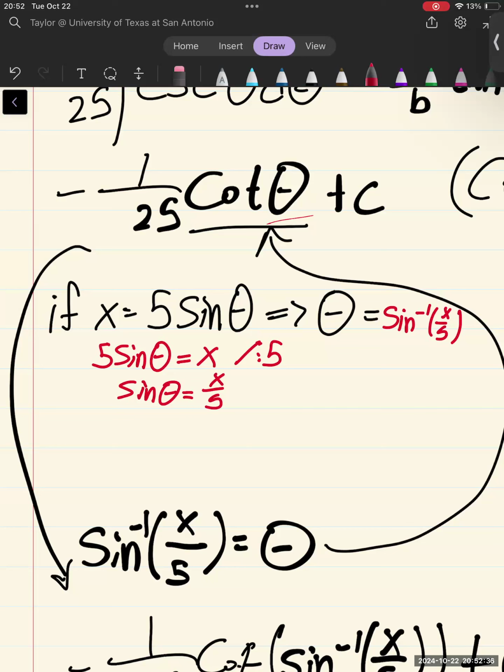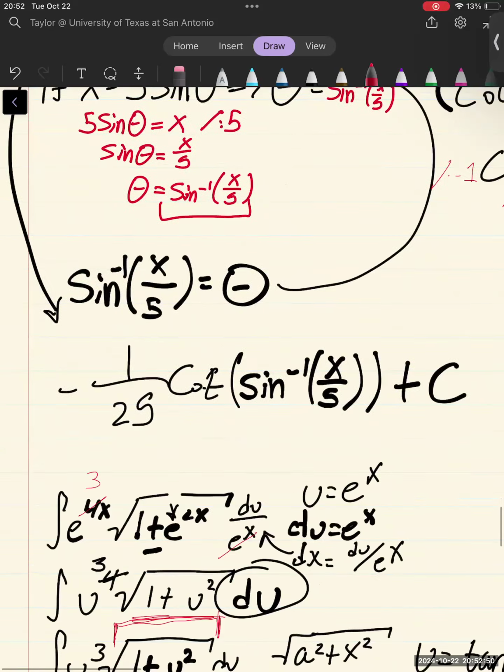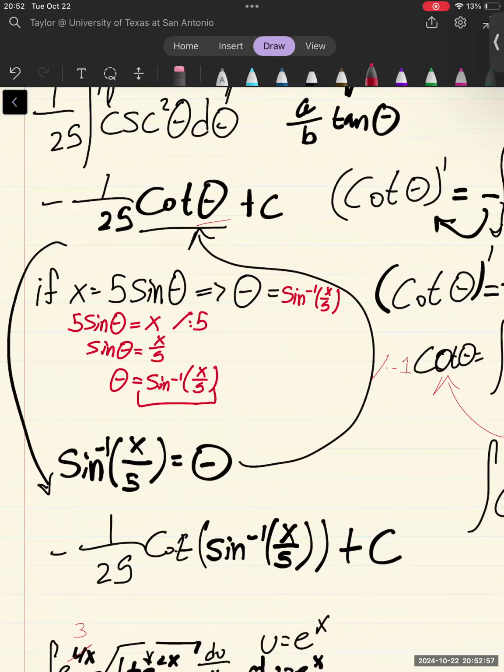And then in order to get theta by itself, we take the inverse. So then we get theta equals sine inverse of x over 5. And then we just plug it in place of theta. Cotangent is left by itself, but we plug in the inverse of sine. This whole part right here is theta. Gotcha.